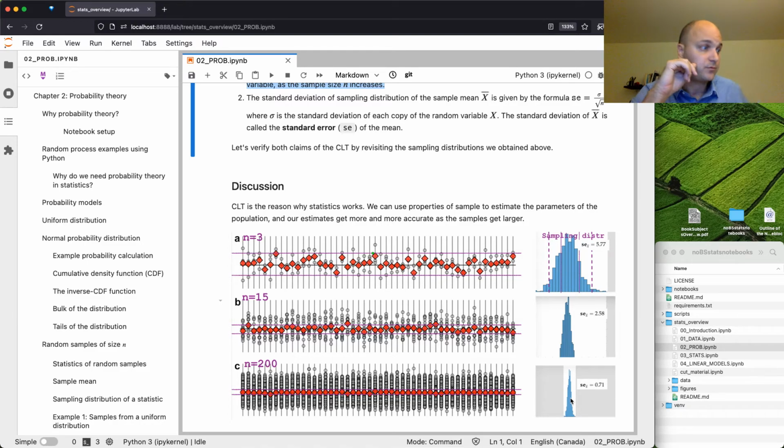This aspect is why we have statistics. Without this, we wouldn't be able to estimate anything. The fact that taking a large sample allows you to make very precise statements is the basis of all measurement.